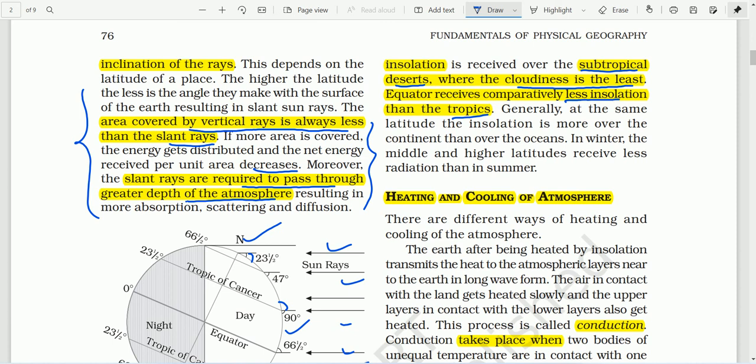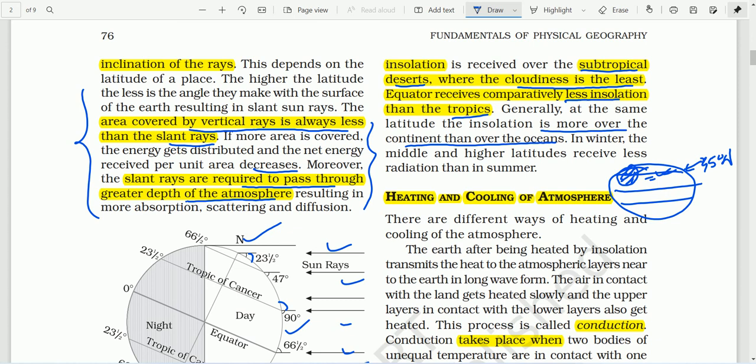Generally, at the same latitude, the insolation is more over the continent than over the ocean. Just see here, these are the latitudes. Let us say this is the continental area and this is the oceanic area. Over the same latitude here also, let us say this is 45° north, we get more sunlight over the continents as compared to the oceans due to cloudiness.